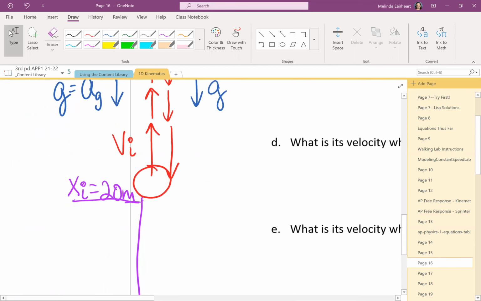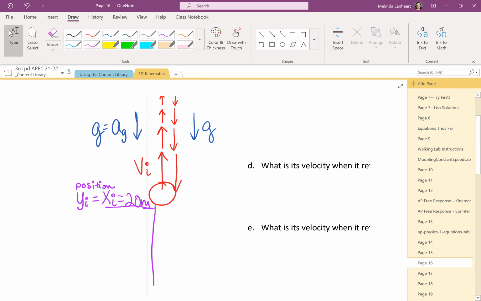By the way, very common when you switch the axis that you're in, you can turn those X positions into Y positions. It's still position. Notice the formula chart does not have Y's in our kinematic equations, but you can rewrite them to be, instead of delta X, delta Y. I'll try to do it both ways.